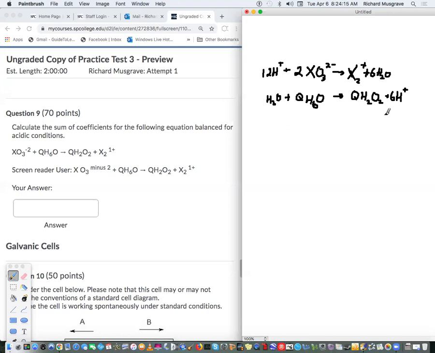Okay. Now on the top one, we need to find the number of electrons. And what I had told you when we went through this in class was to figure out the charge on each side, and then the difference would be the number of electrons. And you add that to the side that has the higher charge. So on this one, the total charge is 8.